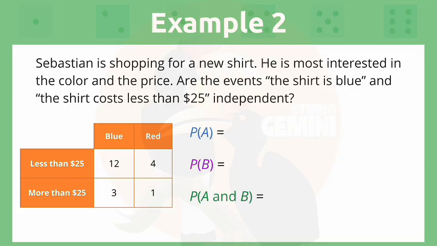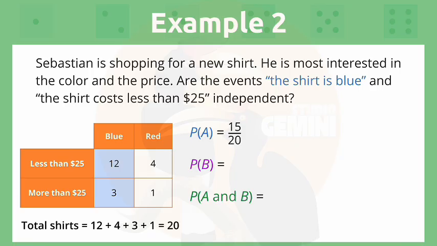Let's say event A is the shirt is blue. So to find the probability, we need the number of blue shirts over the total number of shirts. There are 15 blue shirts in all, 12 that are less than $25 and 3 that are more. And there are 12 plus 4 plus 3 plus 1, or 20 total shirts.